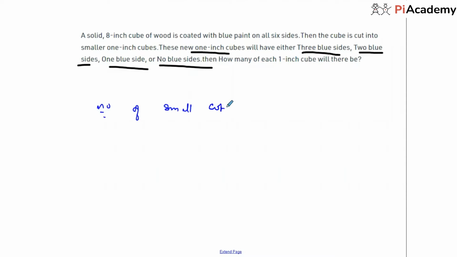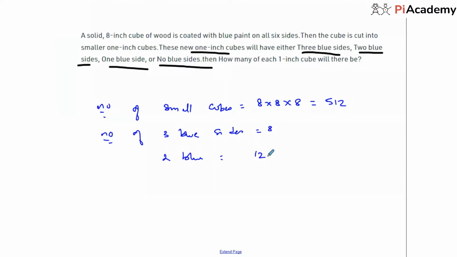512. Good. It is 8 times 8 times 8, right? Next, number of 3 blue sides is 8, sir. It's always 8, okay? Number of 2 blue sides is 12 times n minus 2. Am I correct?